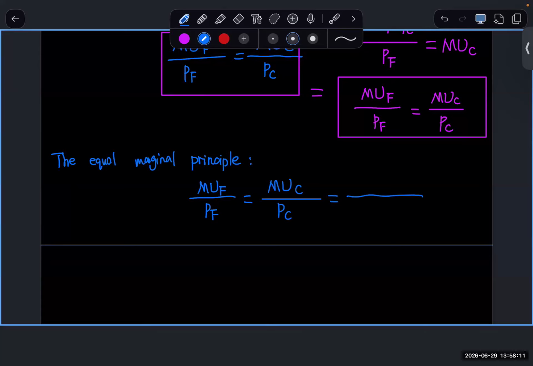Or in general, it means the marginal utility you get from any good over its price.